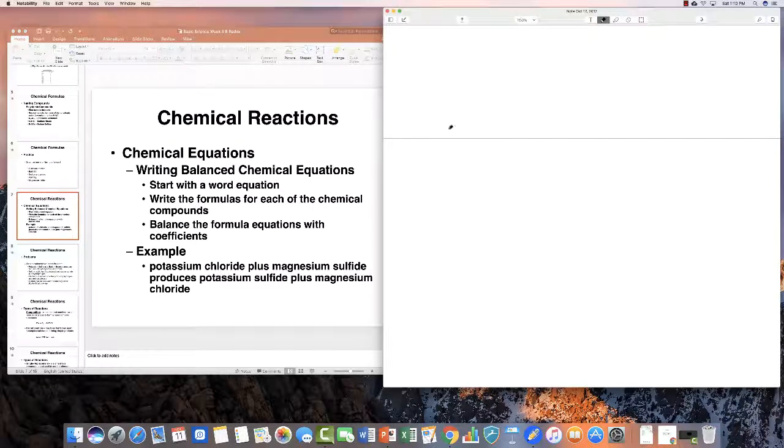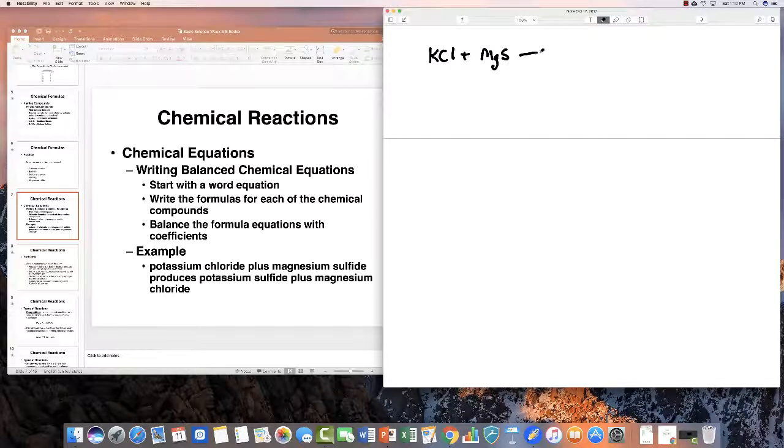First of all, we would write down the formula for each of these names. Potassium chloride was KCl, and it combines together with magnesium sulfide, MgS. Now, if you need to, on a separate sheet of paper, I'm not going to do this because it'll take too much time, but if you need to go through the least common multiple thing, you can do that to see how mine is correct here.